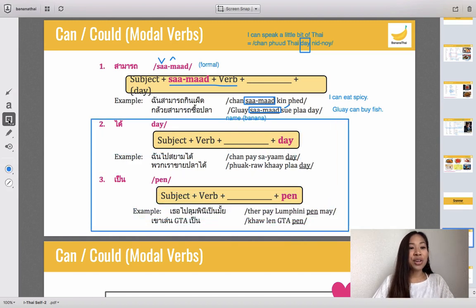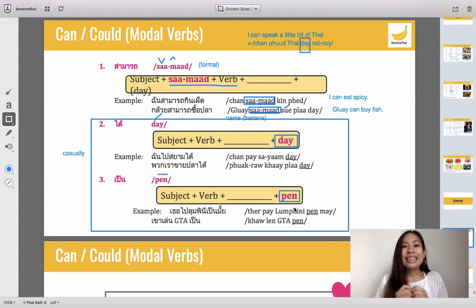The next two are used casually. Start with ได้, which you know already: ได้ is can, and you put it at the end of the sentence. The word เป็น is also used at the end of the sentence, meaning can.